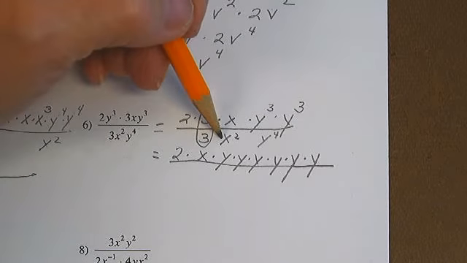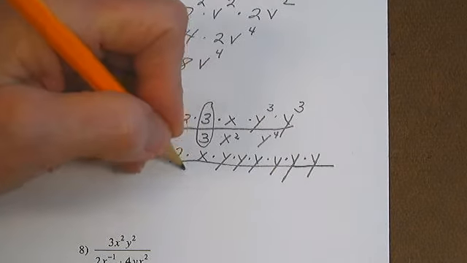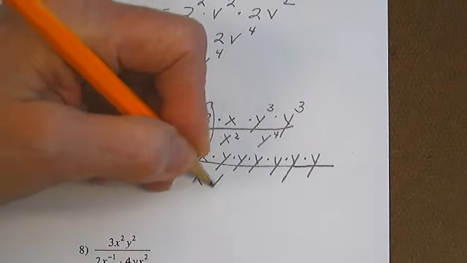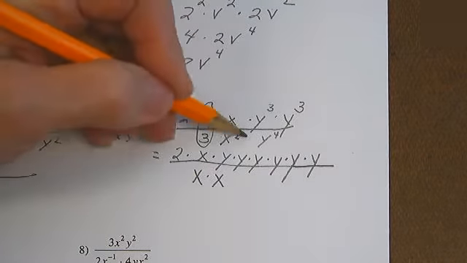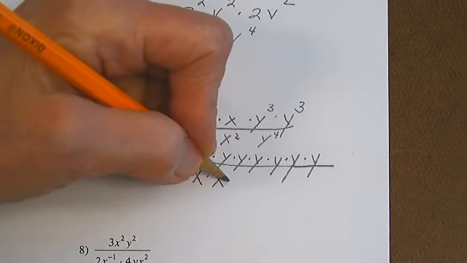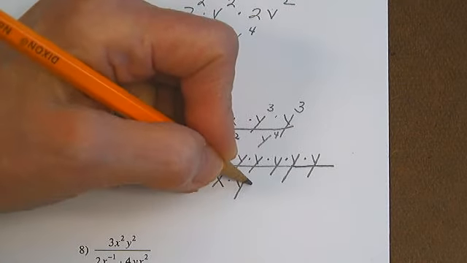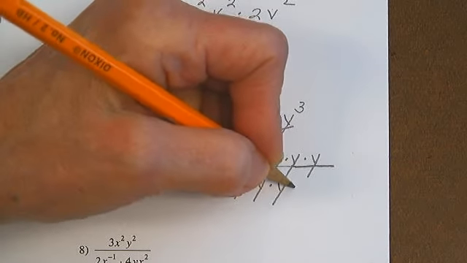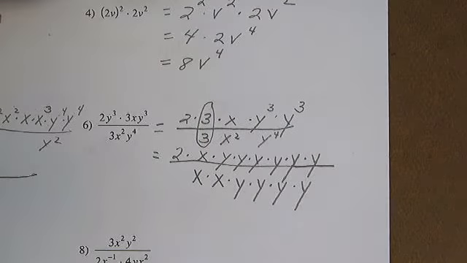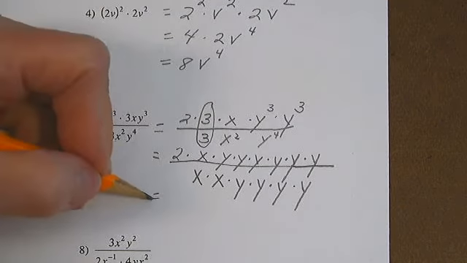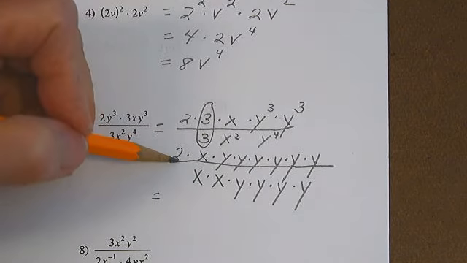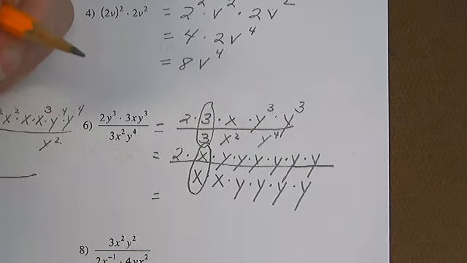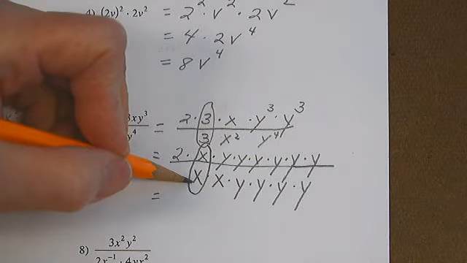My denominator is x times x times y times y times y times y. What's left? I have 2. X divided by x is 1.